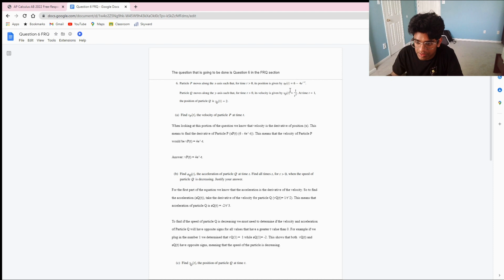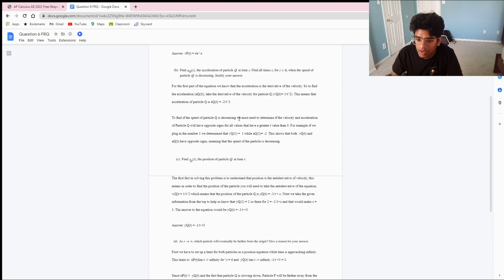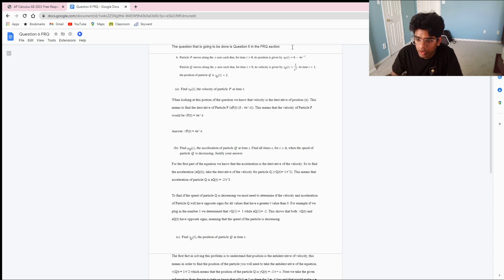So this is very simple: the derivative of 1 over t squared, which we can interpret as t to the negative second power. The derivative gives us negative 2 times t to the negative third power, or negative 2 over t cubed, and that would be the equation for acceleration.